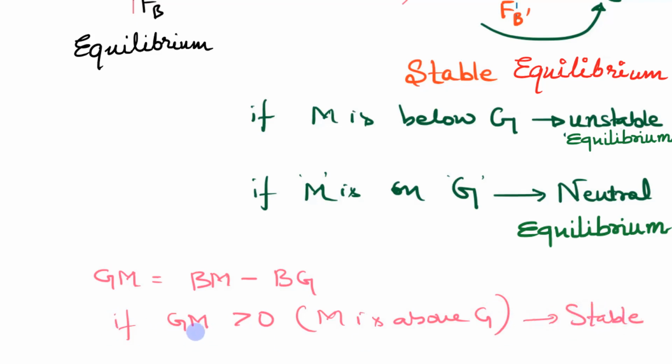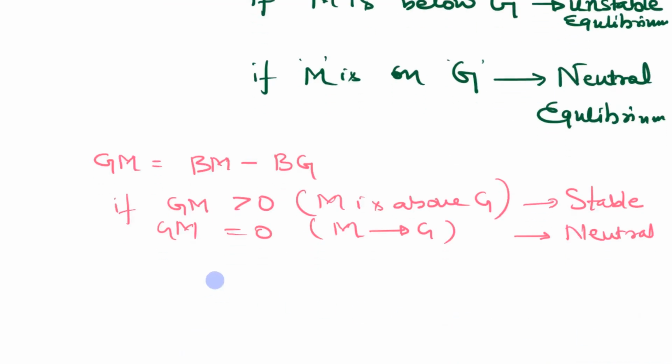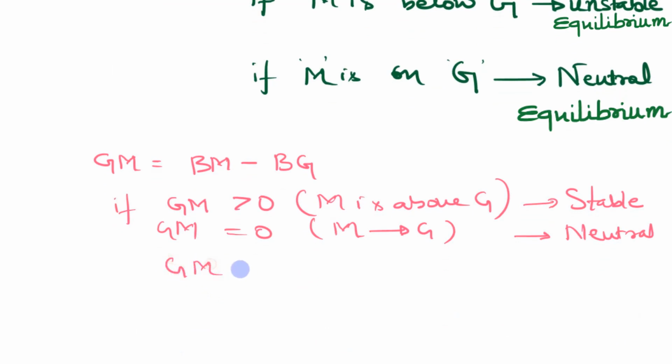If GM is 0, M coincides with G, and we call this neutral equilibrium. And if GM is less than 0, that means M is below G, and this time we call it unstable equilibrium.